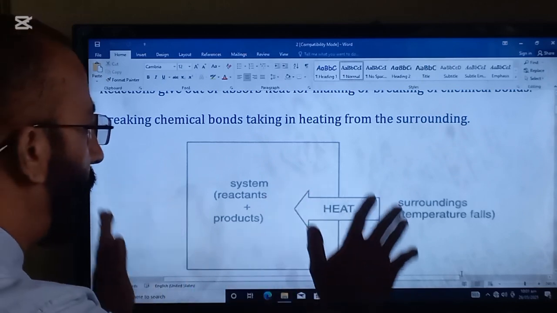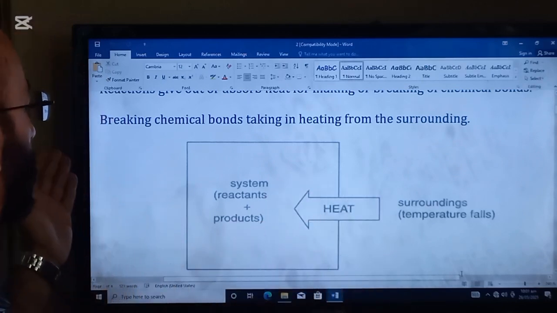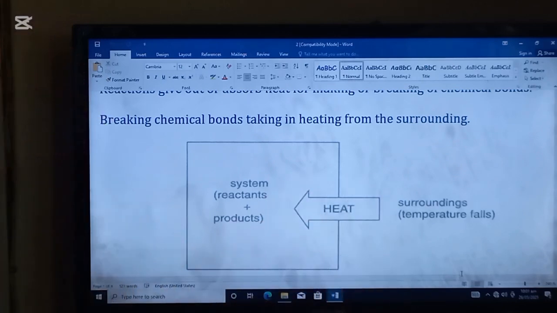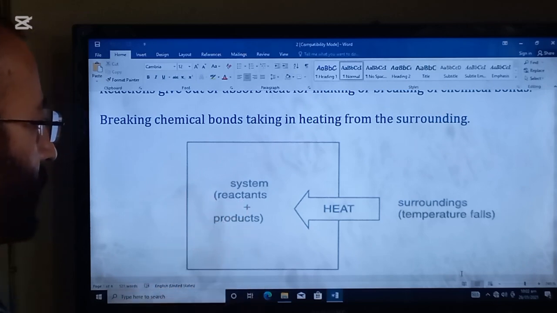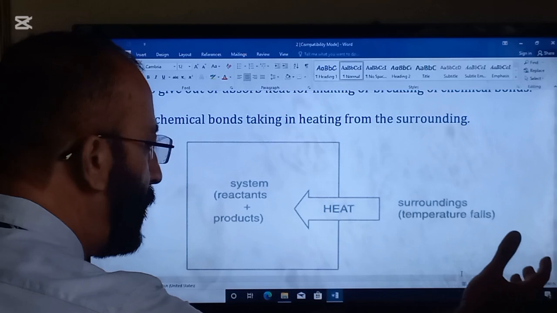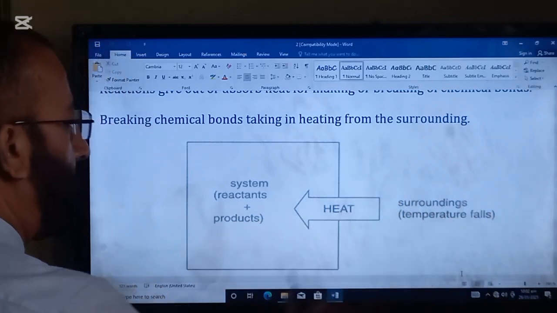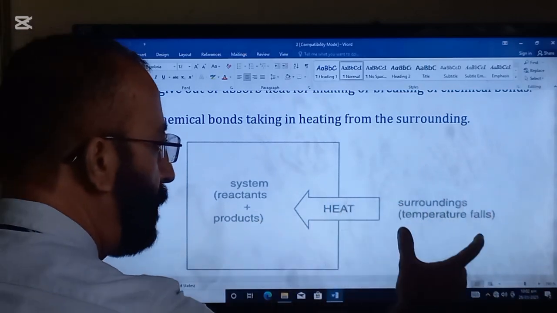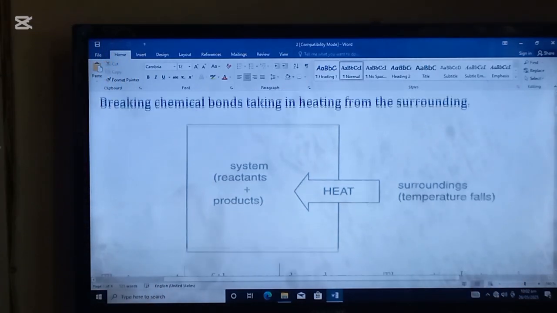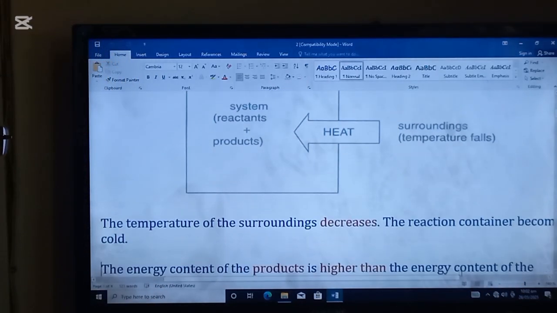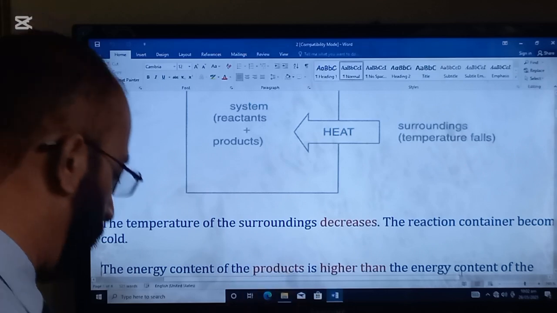And this is the general diagram of endothermic reactions. Here is the system that contains reactants and products. Heat will be taken in from the surroundings. That's why the temperature of the surroundings will fall. The temperature of the surroundings decreases.